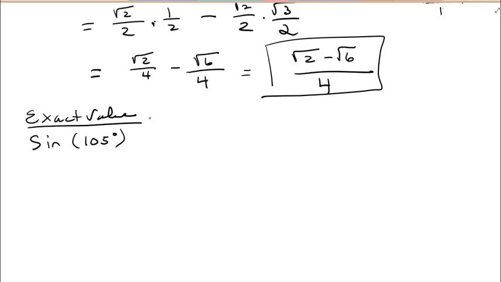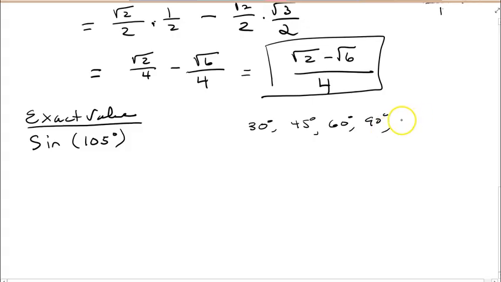So now I need to think about, okay, but I'm in degrees. I don't need to be in radians. So what are my angles I can work with? I can work with 30 degrees, 45 degrees, 60 degrees, 90 degrees. And we can do different variations of that, like 135, 120.